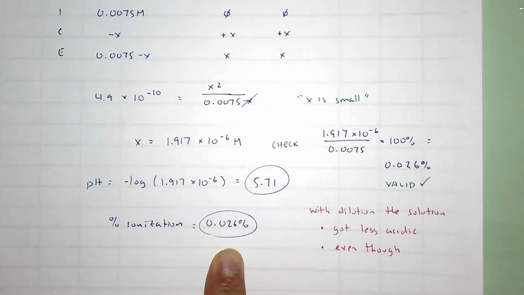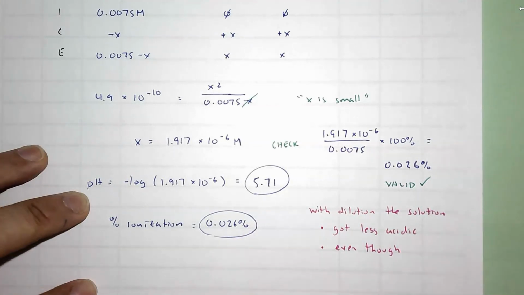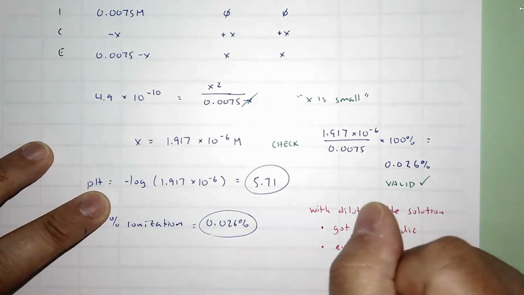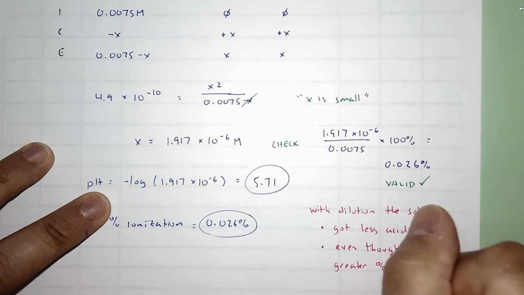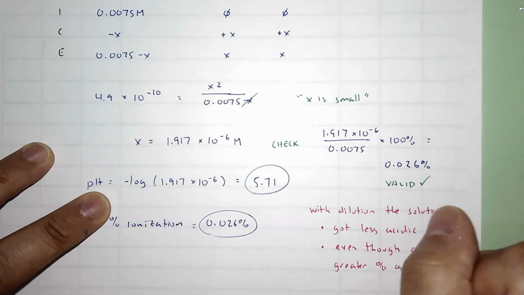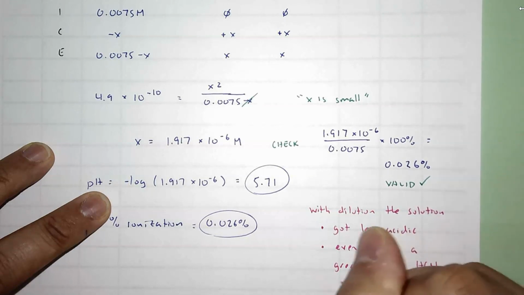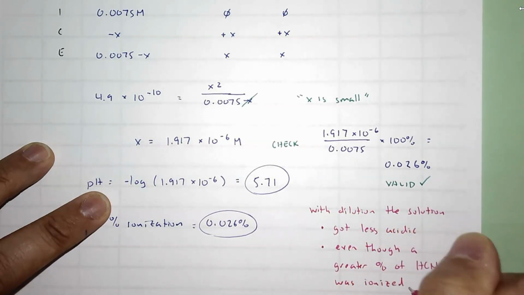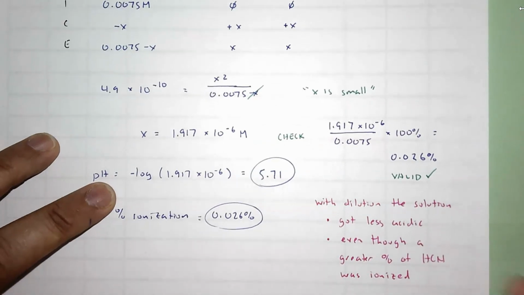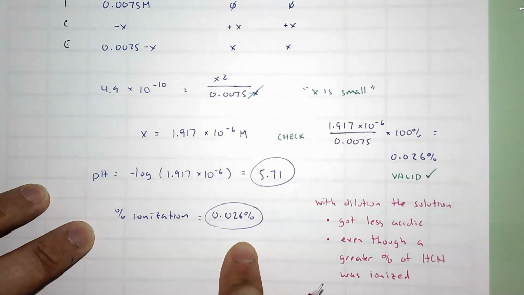A greater percent of HCN was ionized. So not a greater amount of HCN was ionized, a greater percent of the original amount was ionized.